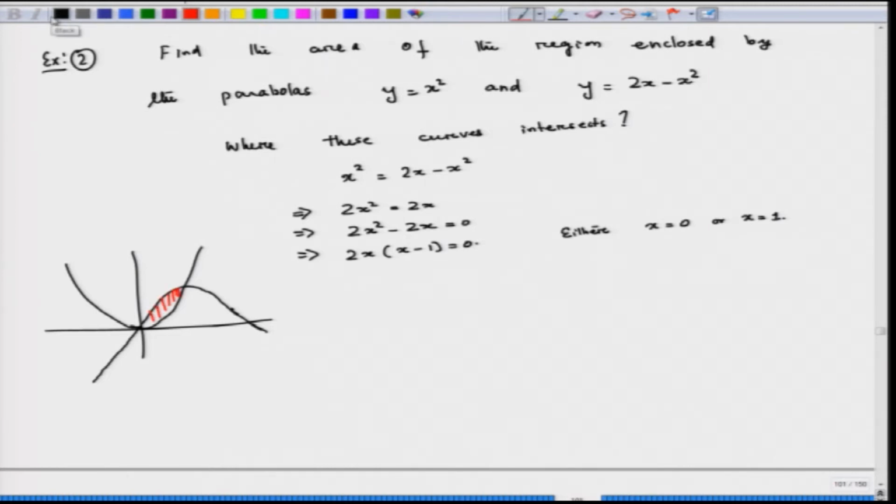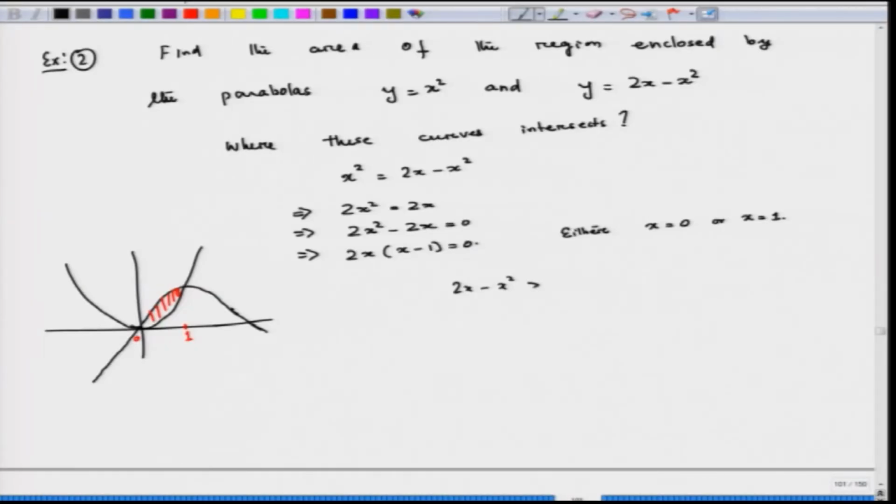Now essentially our x is moving from 0 to 1. Pictorially we can see that in this region, where this is 1 and this is 0, 2x minus x square is dominating y equal to x square.